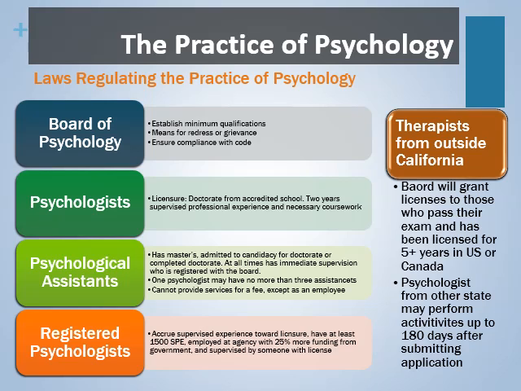If you've been licensed for 5 years elsewhere, like in the States or Canada, then as soon as you take that exam and put in your application, you can actually start practicing without your license once you submit the application. And that has a period of 180 days, or once you leave.